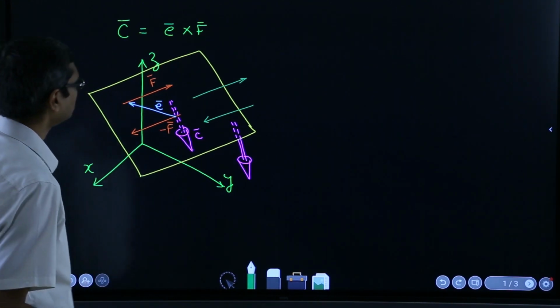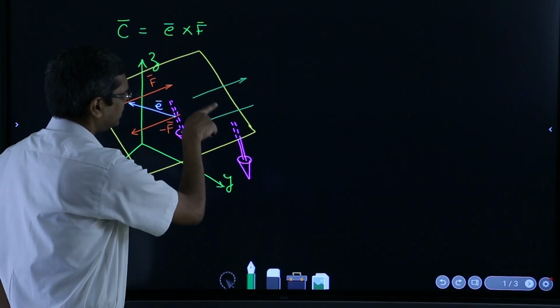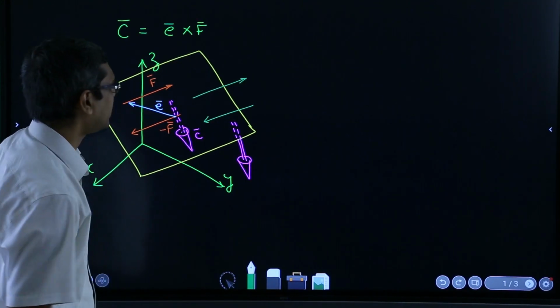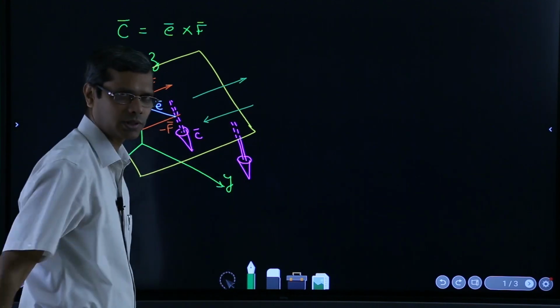Then second, we can actually change the distance between them also by appropriately modifying the values of the forces.